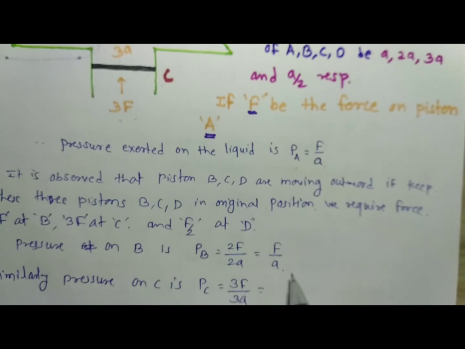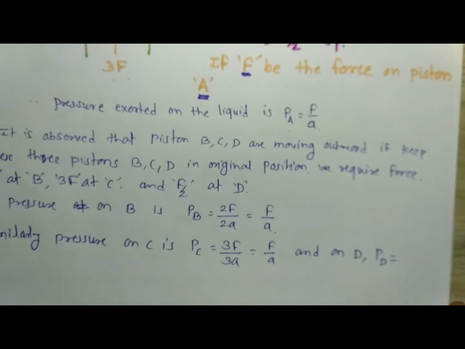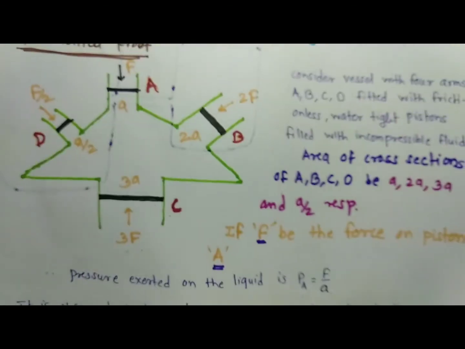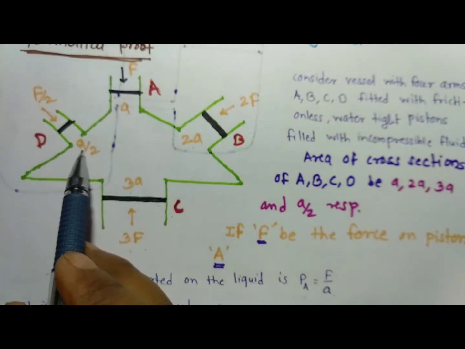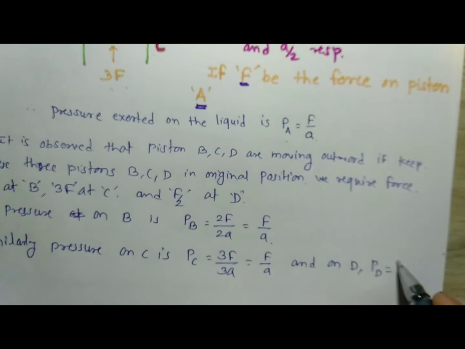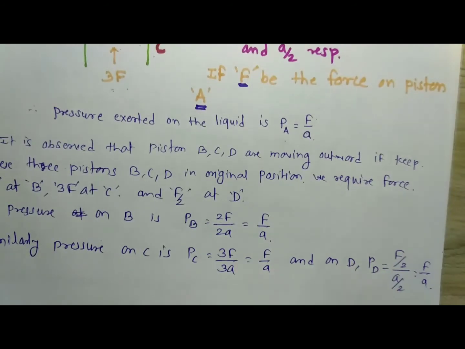The 3 and 3 cancel, and you will get F divided by A. And on point D, pressure PD, the force is F divided by 2, and area of cross section is A divided by 2, and therefore F divided by 2 divided by A divided by 2 cancel each other, and you will get F divided by A.